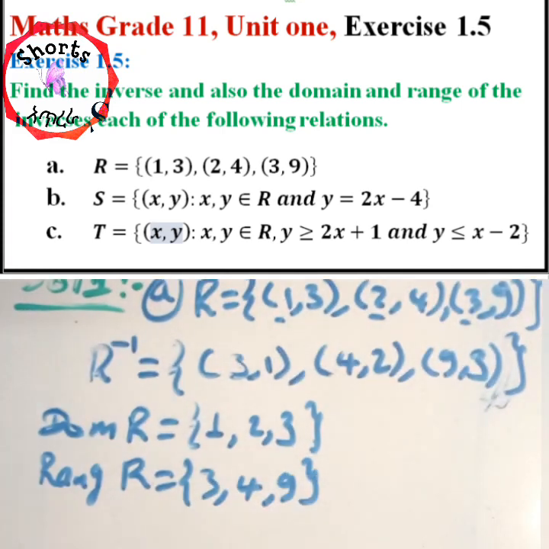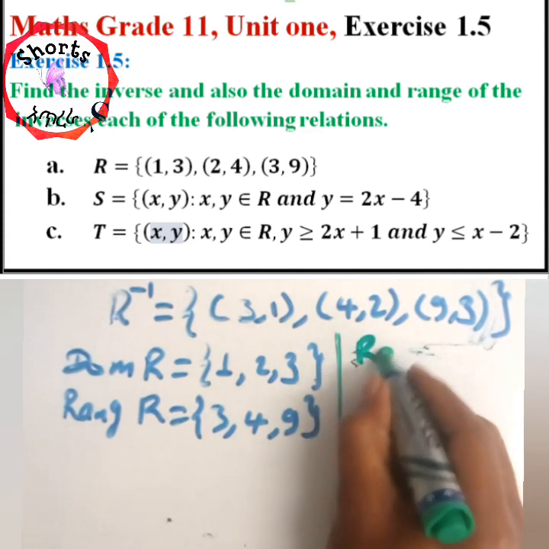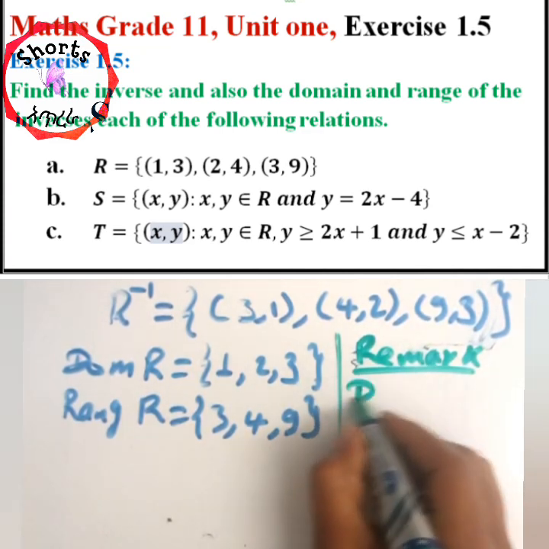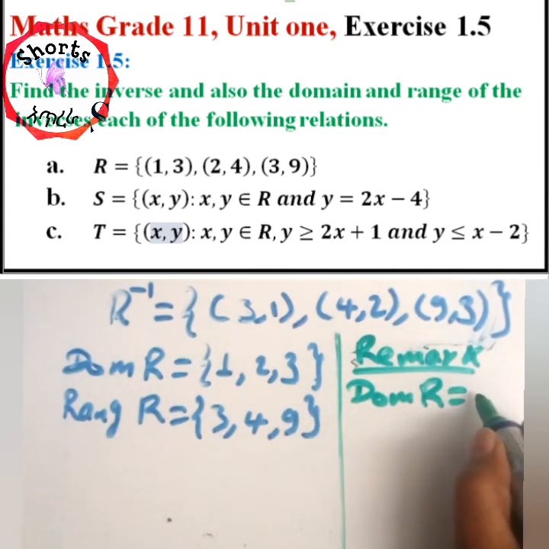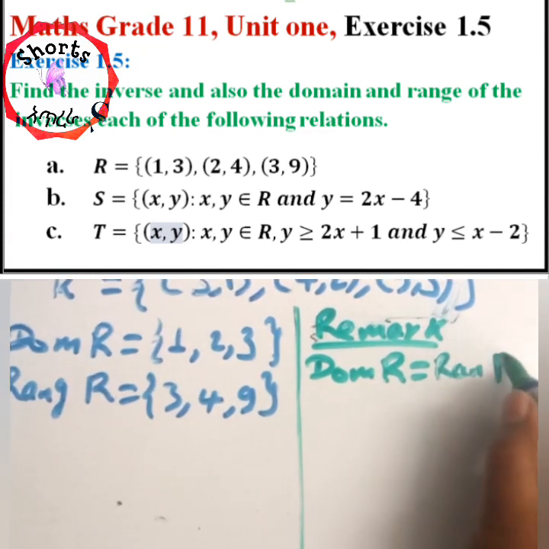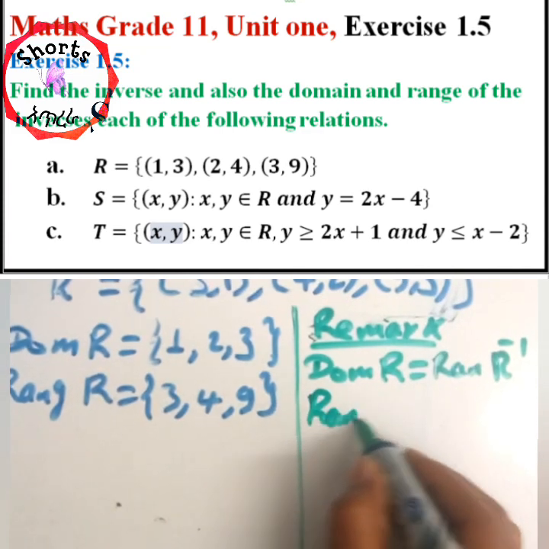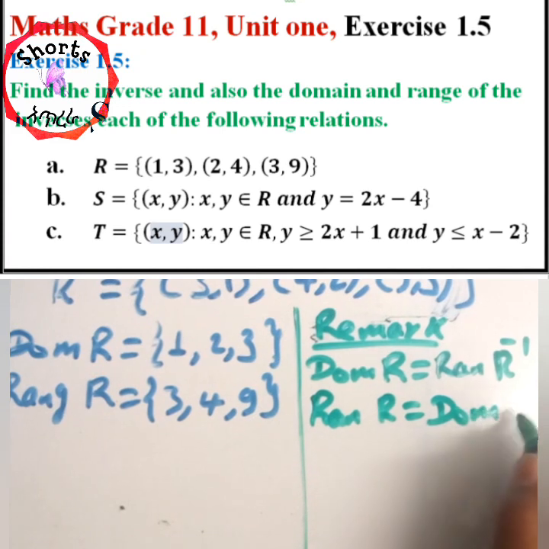After this, it is simple to determine the domain and range of R inverse, because of the following remark: the domain of R is equivalent to the range of R inverse. Similarly, the range of R is equivalent to the domain of R inverse.